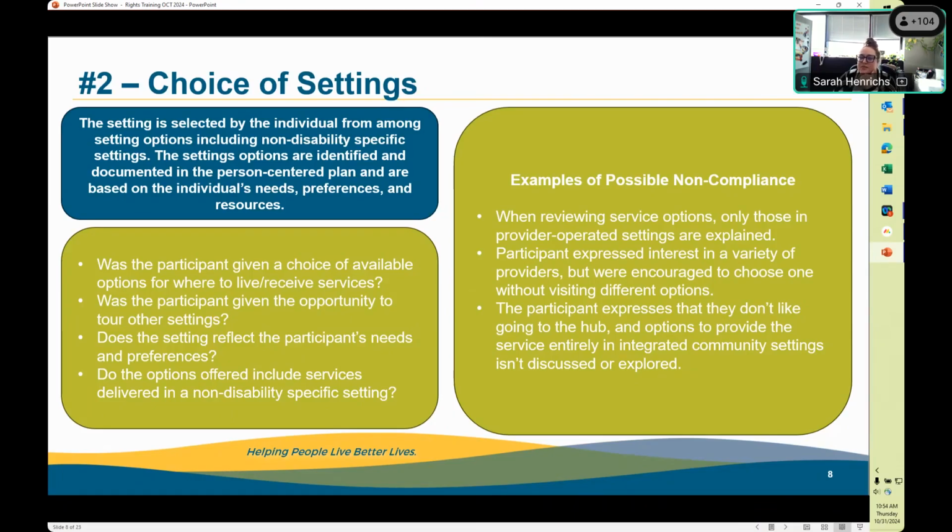I would say though that if the participant is expressing explicitly, like, I don't like this day site, or sometimes they're not saying it explicitly, but they're refusing to go to day services half the time, I think sometimes that gets labeled as a behavior, which is really unfortunate. Some people really like the hubs and the day sites and the activities they offer there and seeing their friends there. I wouldn't want that.